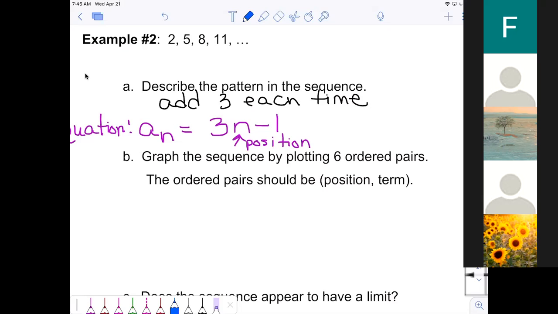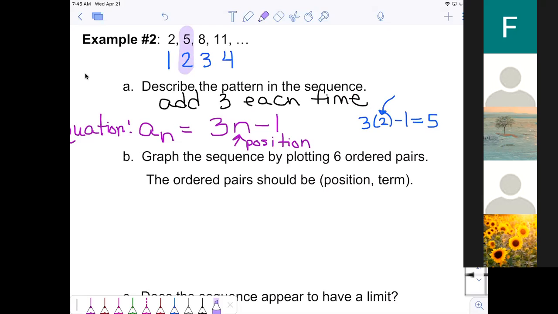If I want to find the second term, so here's my first term, second term, third term, fourth term. If I plug a 2 in for n, I would have 3 times 2 minus 1. Well, that gives me 5, which is the second term. So the number you plug in for n represents the term in your sequence, and it should match up.